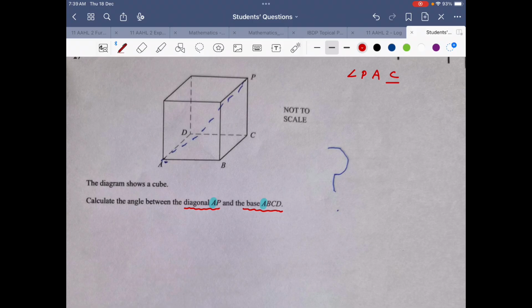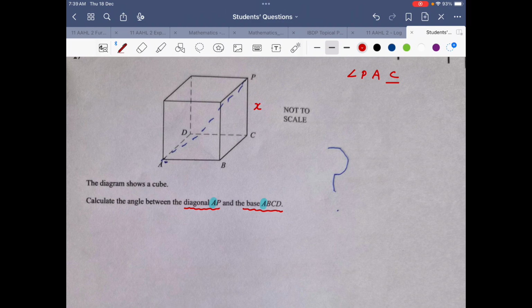However, none of the lengths is given, so we do not know any of the lengths. We can assign an unknown. The best thing to include will be x as the length of the cube.